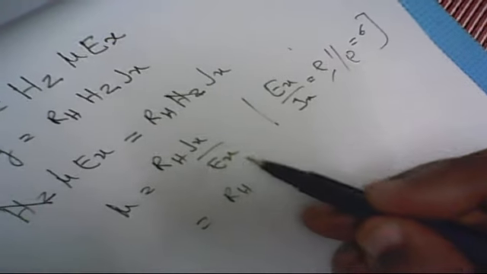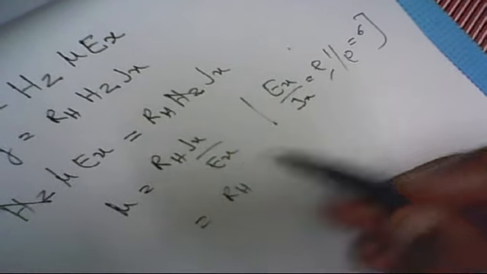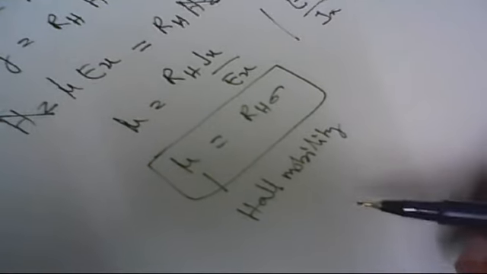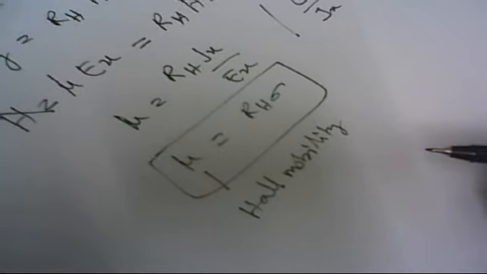So here RH Jx by Ex is nothing but RH into conductivity, and this is the expression for Hall mobility of an extrinsic semiconductor material.